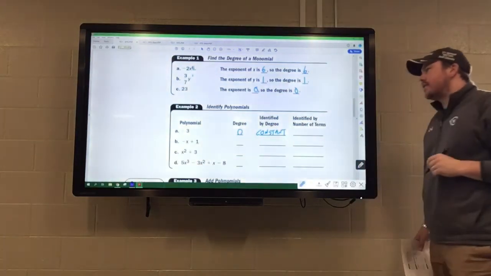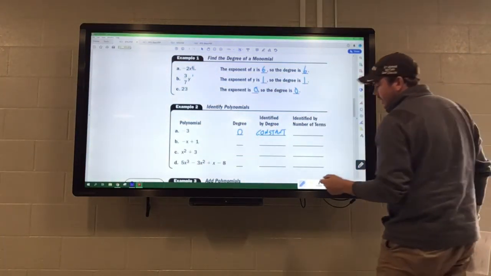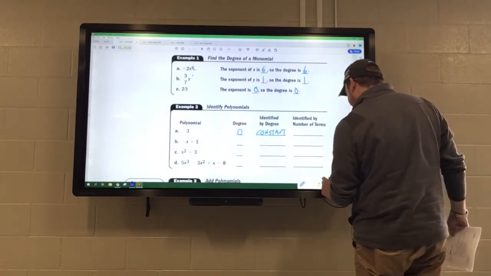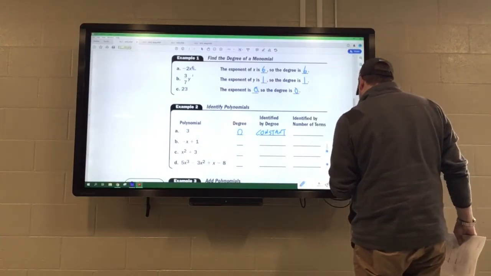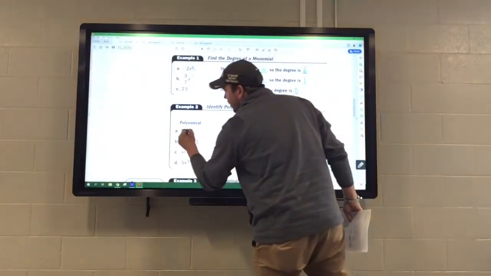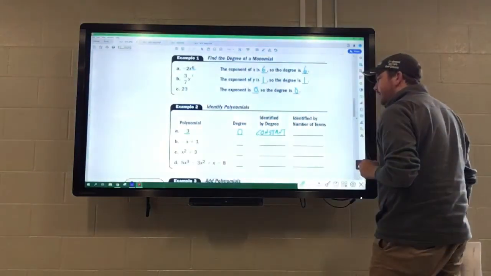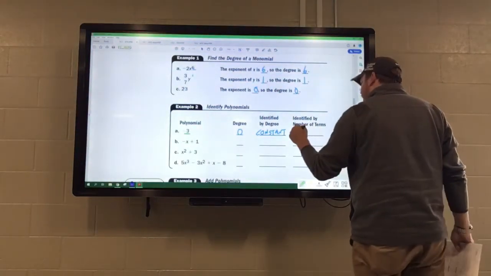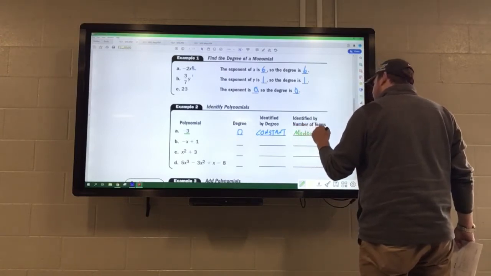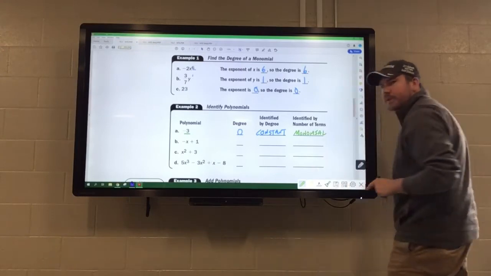Then if we look at the number of terms, there's just one term here. When we have one term, we call it a monomial. Okay, that prefix mono means 1.